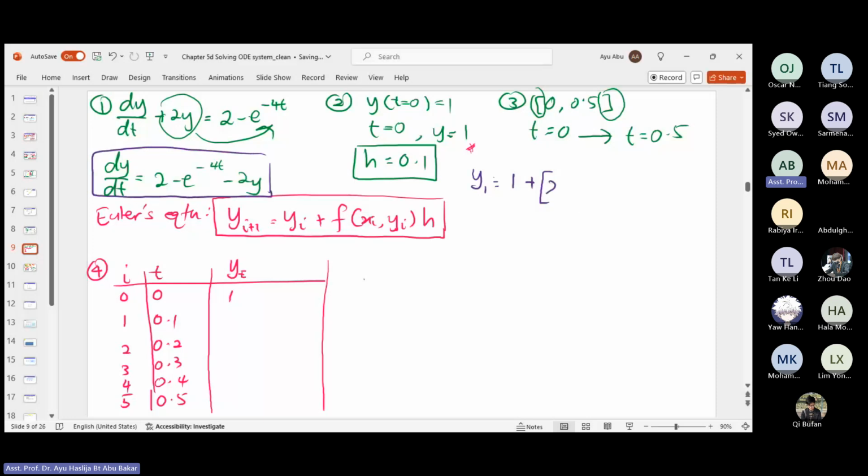So 2 minus exponent negative 4 t0, t previous. So t previous is 0, then minus 2y. Y here is the previous value. So previous value is 1. Okay, then multiply with the h. Your h is 0.1. Try to calculate what you get.